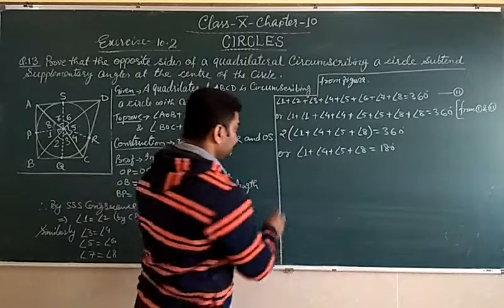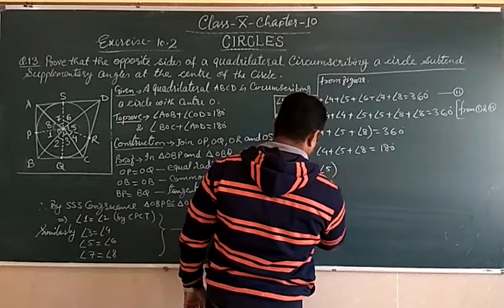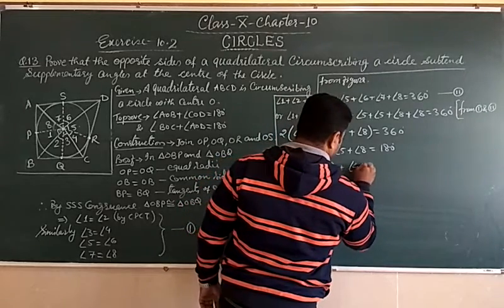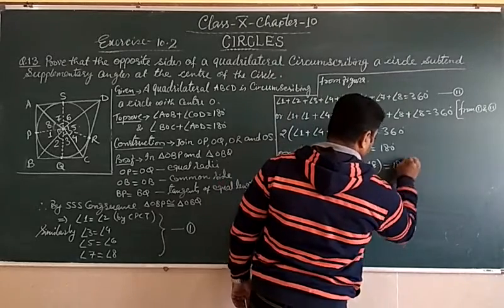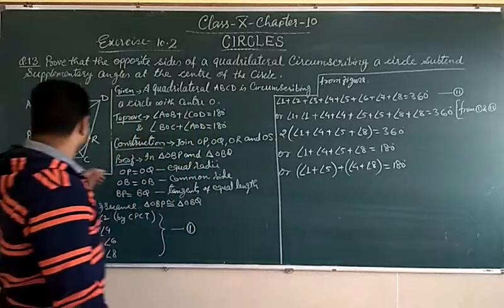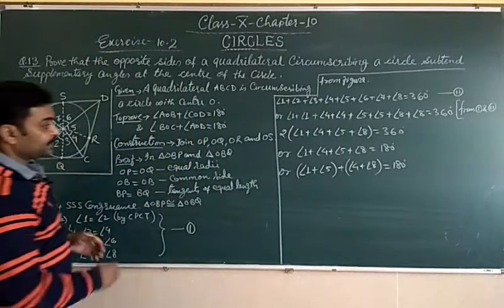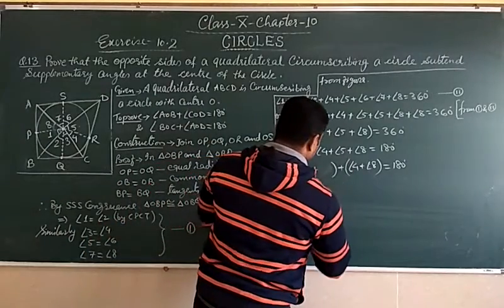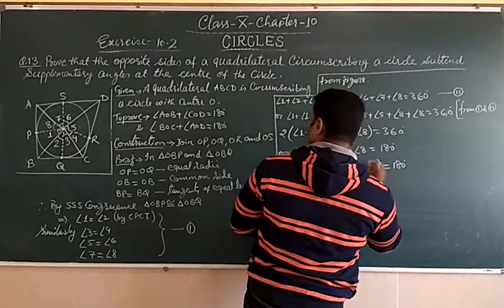Clear? So we can take here angle 1 plus angle 5 plus angle 4 plus angle 8 is equal to 180 degrees, and sorry, angle 1 plus angle 8 and angle 4 plus angle 5.